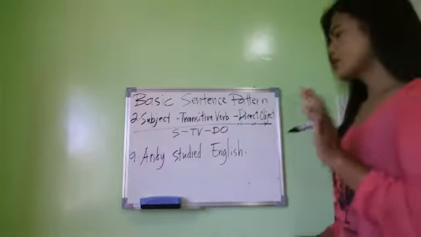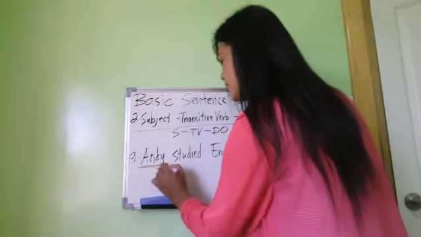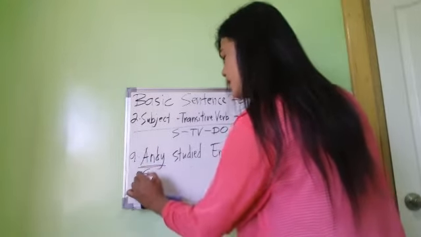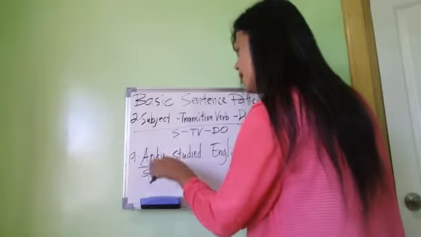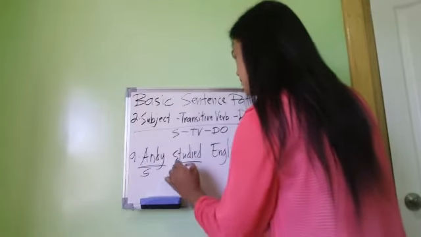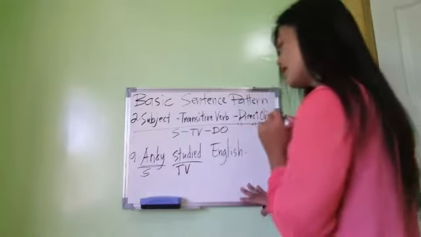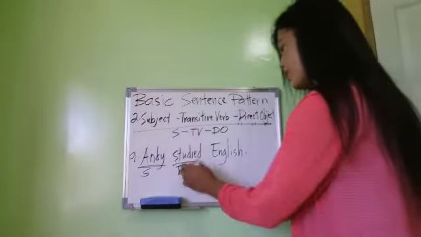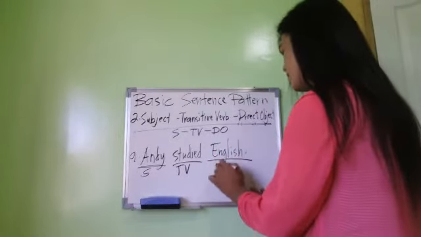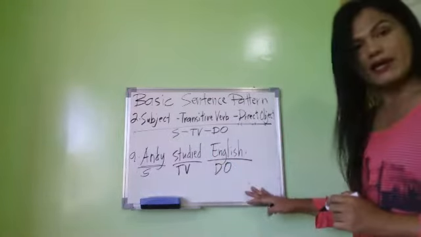Okay. So Andy is a person, so this will be your subject. So he is the one who did the action. Verb, so this will be your TV. Direct object, transitive verb, and then this will be your STVDO pattern.